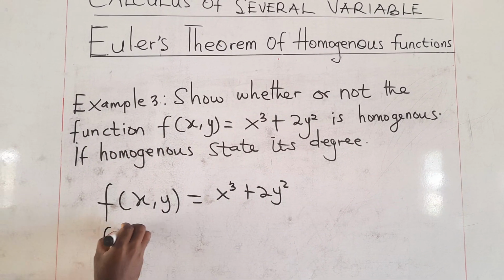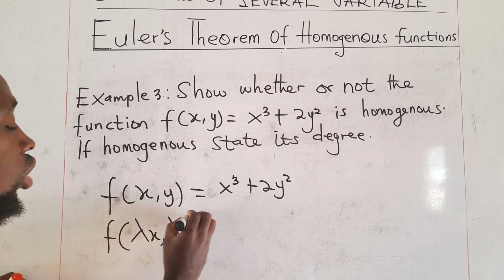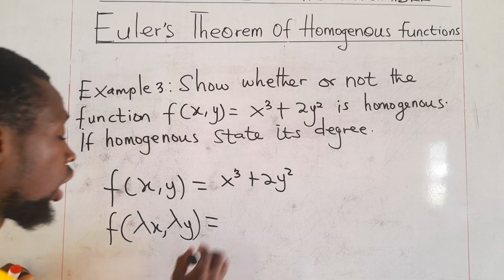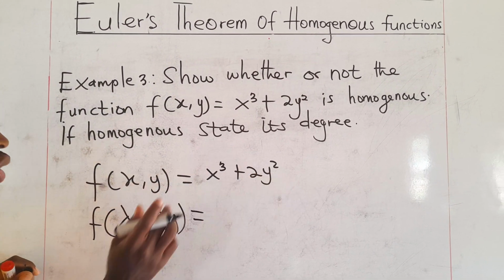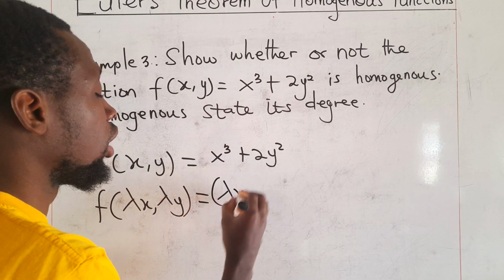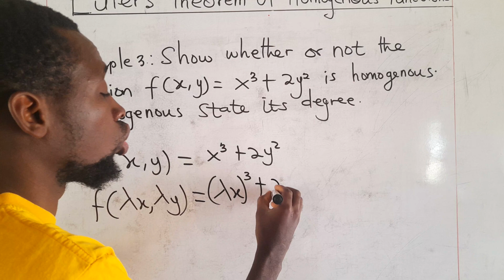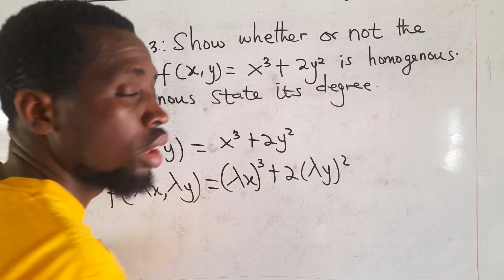Now, Euler is saying we should introduce a parameter lambda to affect that. So any place you see x, we substitute lambda x. Any place you see y, we substitute lambda y. So we have (lambda x) cubed plus 2 (lambda y) squared.